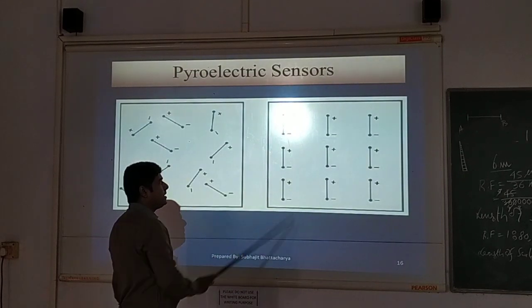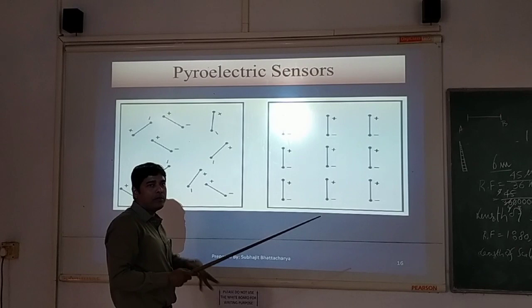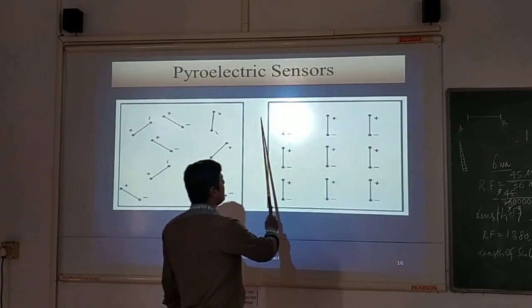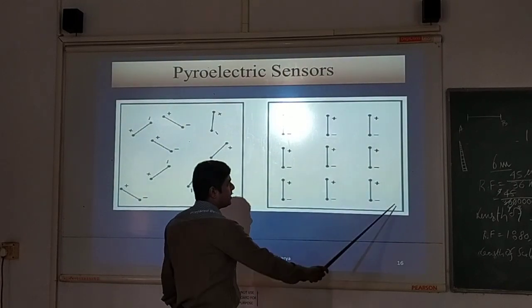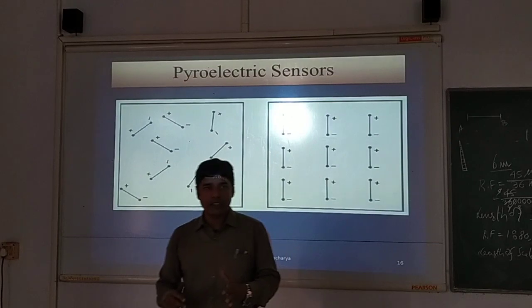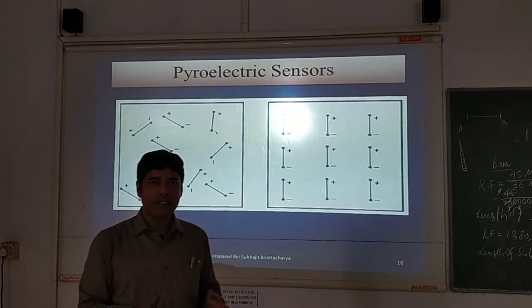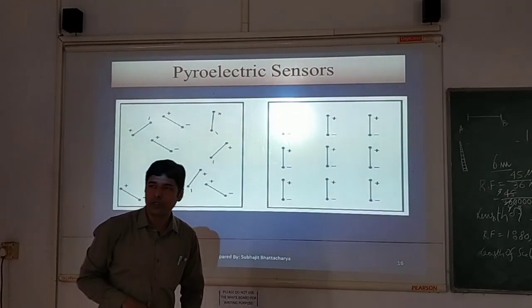Suppose in this direction electric fields are there, so they try to align themselves with that electric field. As a result, on one surface there will be positive charges, and on the opposite surface there will be negative charges. So separation of charges is there, polarization of electric charges will be there. As a result, an electric field inside will be produced also.